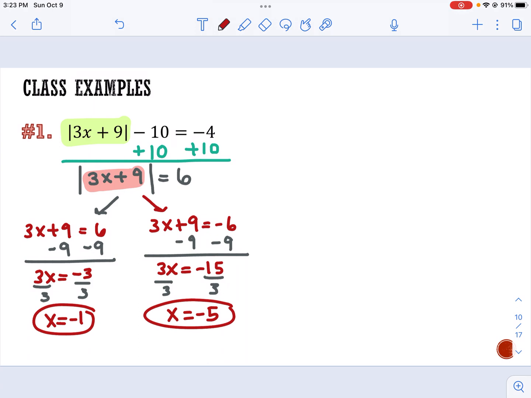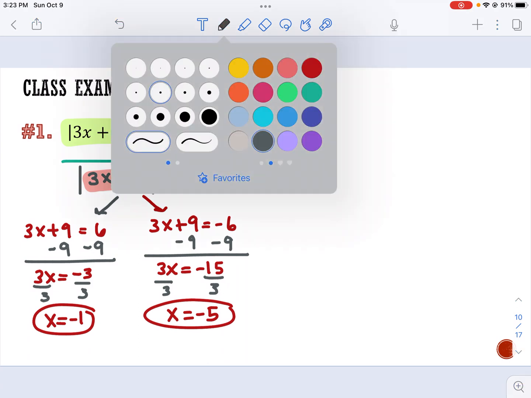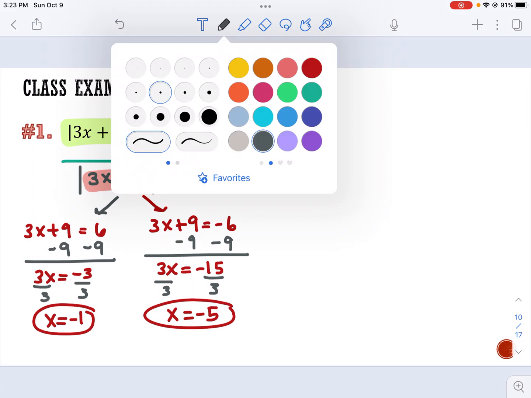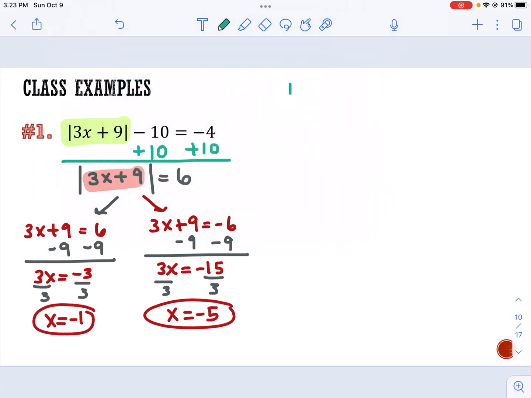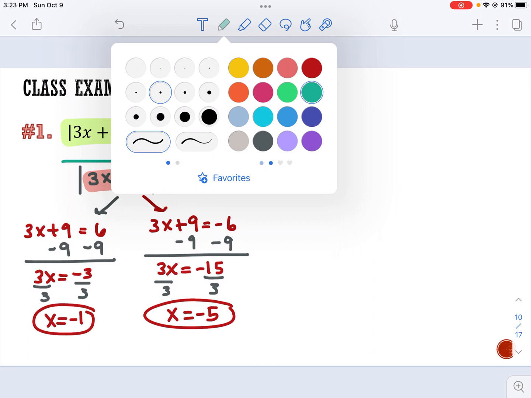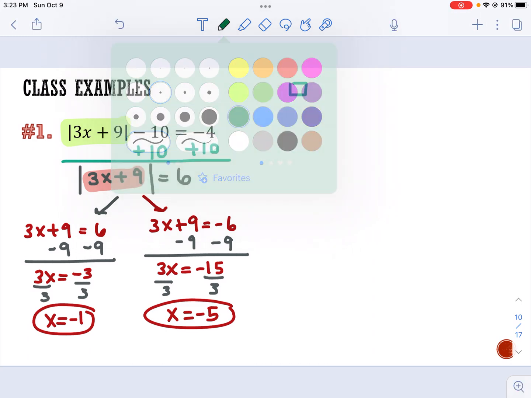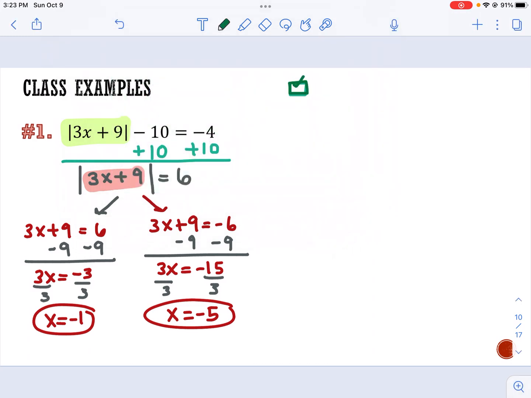Now, before I go on, I have to check my answers. Somewhere towards the right-hand side, we're going to start to check for extraneous solutions. I'm going to do this in a darker green. So here's my check. The first thing I'm going to check is x equals negative 1, and I'm going to see if this holds true.